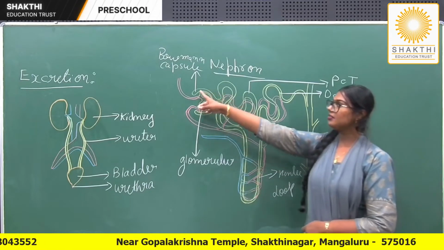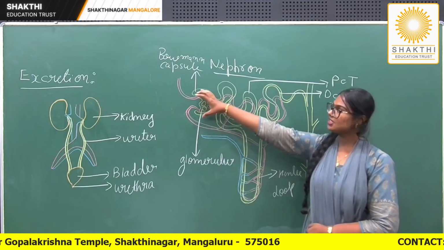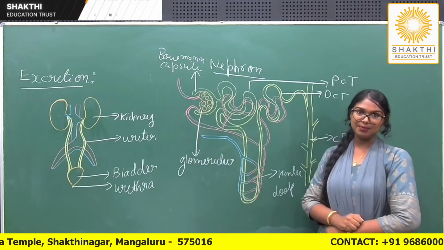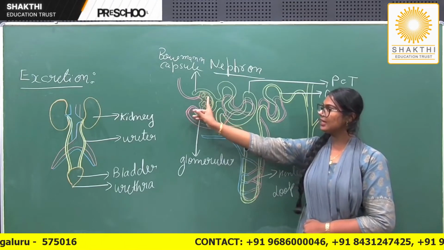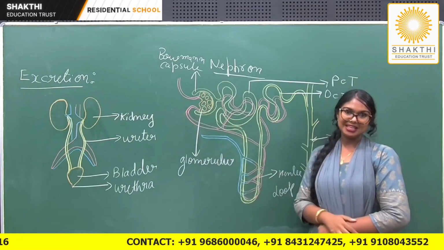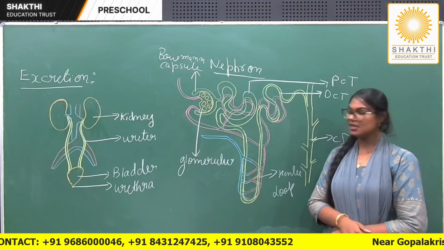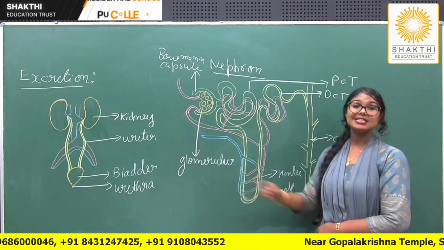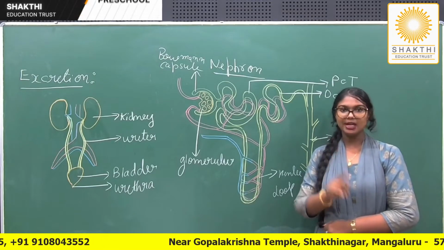We will begin with the Bowman's capsule. It is a cup-shaped structure. As you can see, it looks like a cup-shaped structure. Present inside the cup, you can see a network of pipes here. This network of pipes is called glomerulus. Now the glomerulus is the region where ultrafiltration of blood occurs.